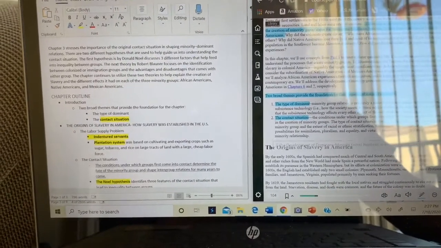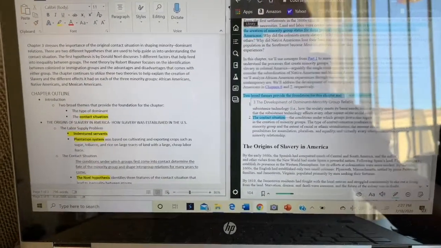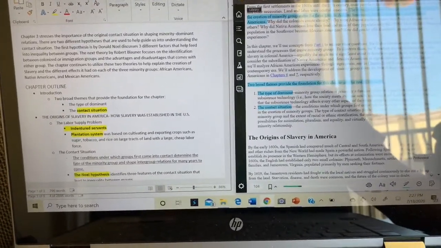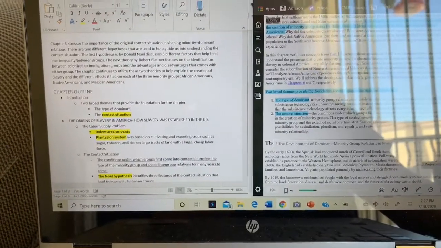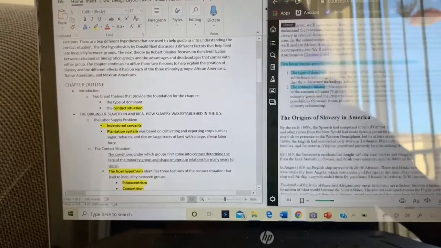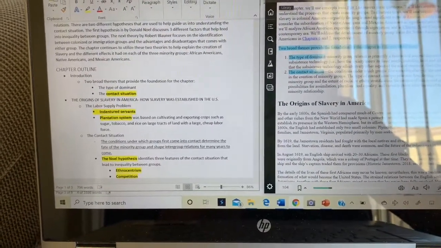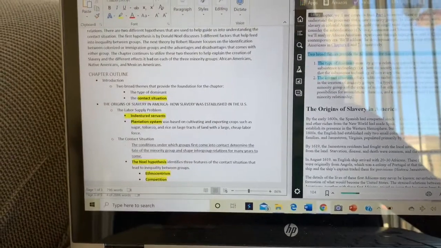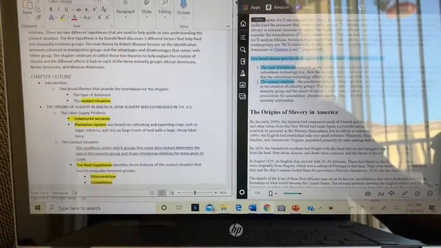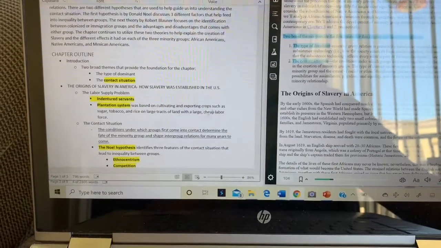So basically when the whites came over and took over America, and each of the three different groups in America, such as the African Americans, Native Americans, and Mexican Americans, each of those groups have different contact situations. So that's what it's talking about.